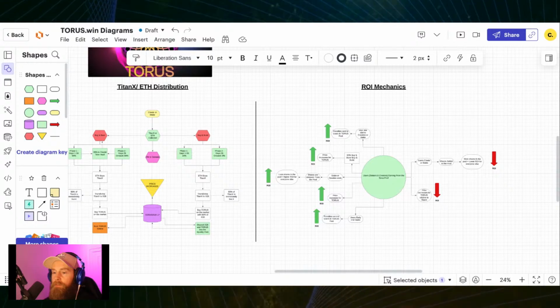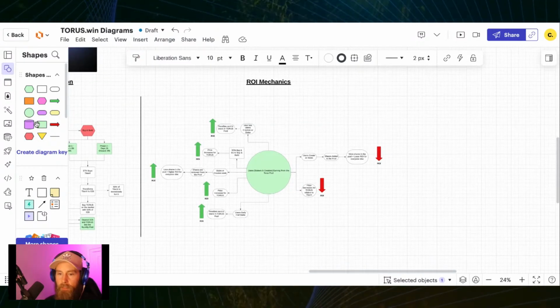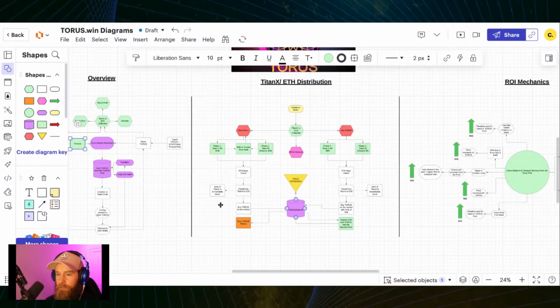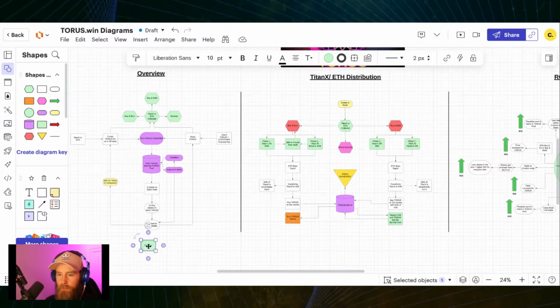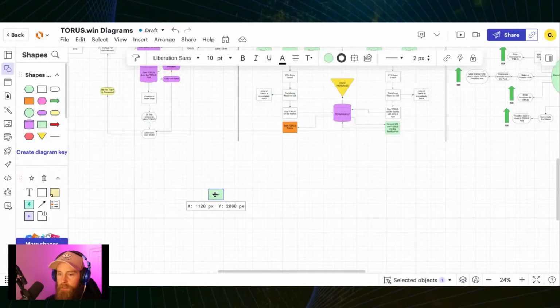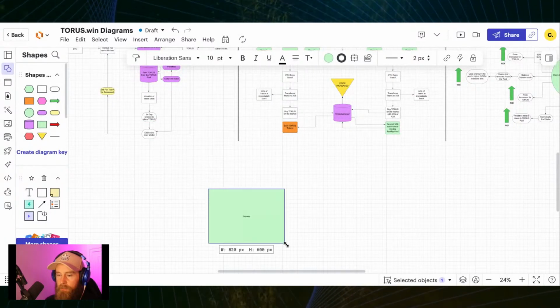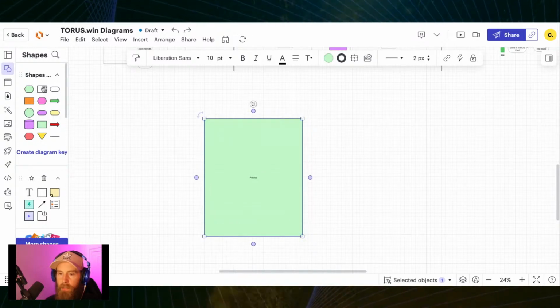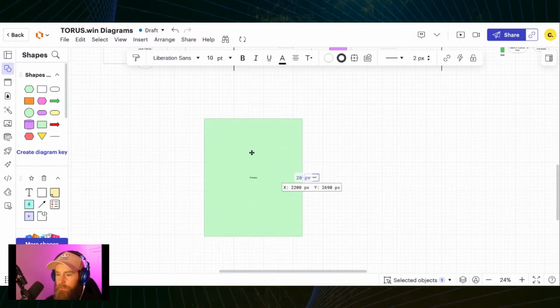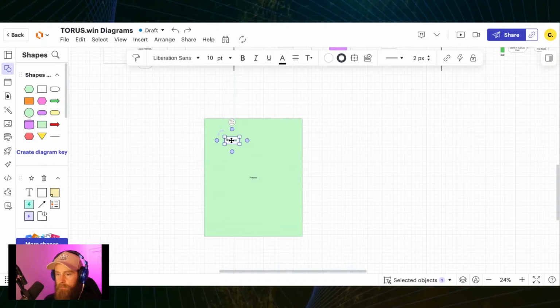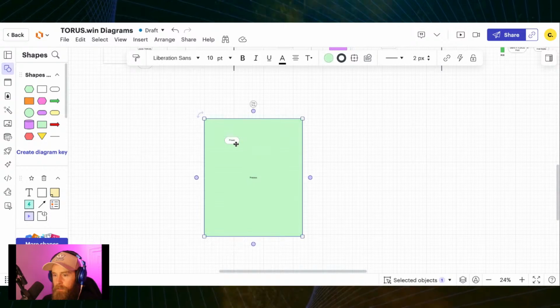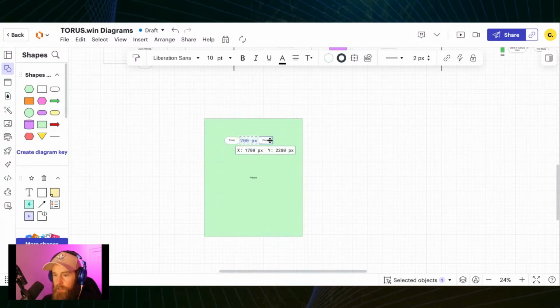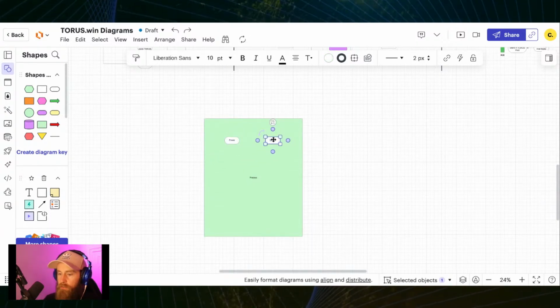Now, TORUS is literally going to be a giant block. It's going to look like this. Let's just create this down here. It's going to be a giant block where you're going to be able to type in your power. It'll show the length that you want to create for.